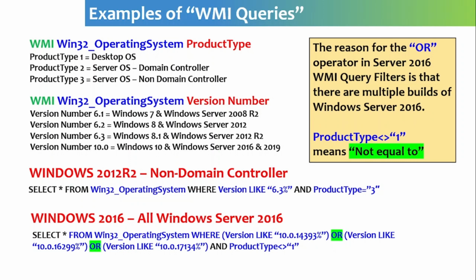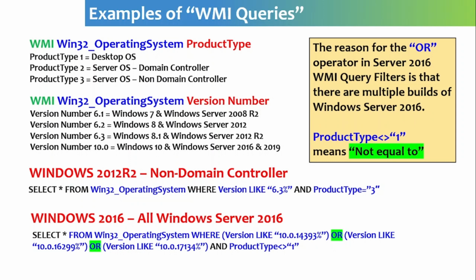That's the only reason. So we have to select all the builds for Windows Server 2016, and the product type should not be 1, meaning it should not be a desktop operating system. It can be a domain controller or a non-domain controller.